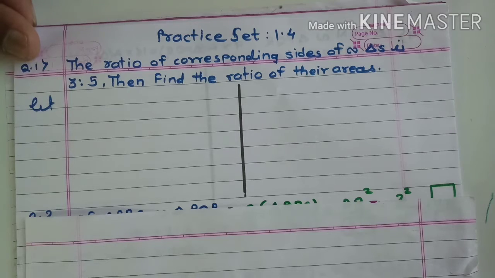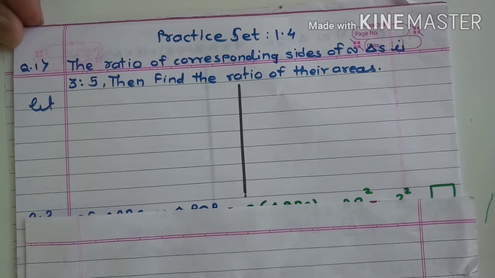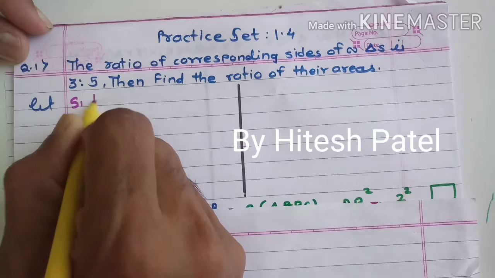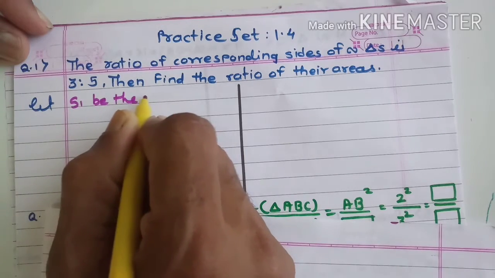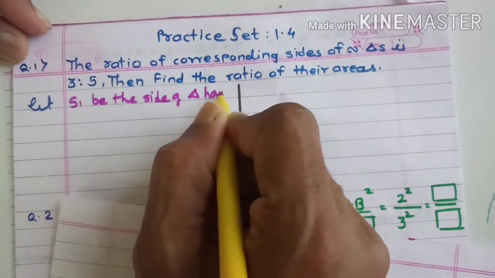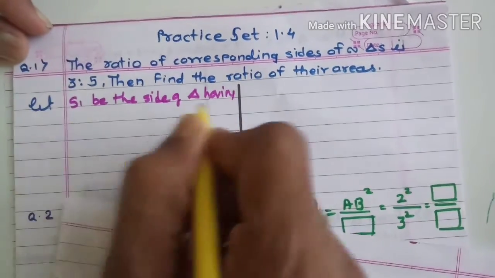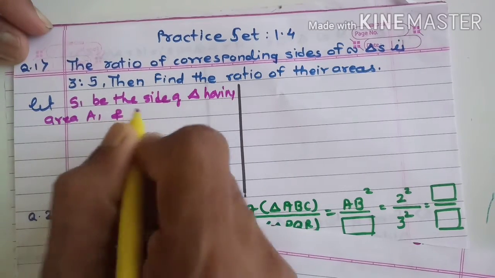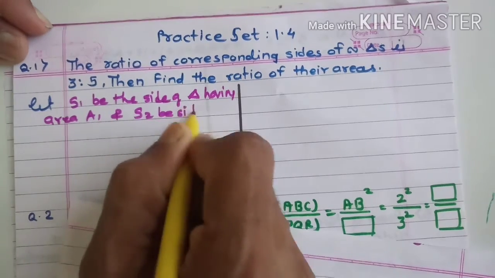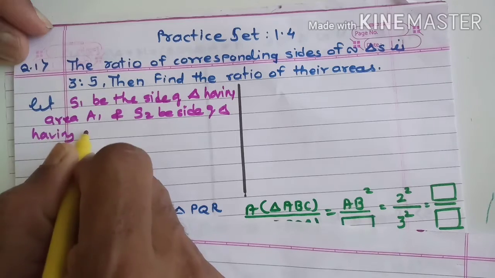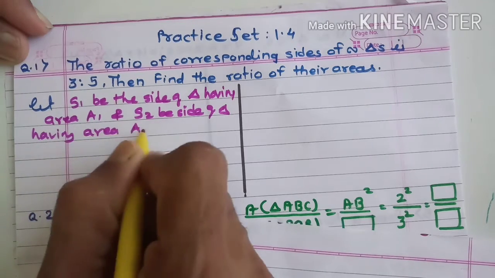the corresponding sides of two similar triangles be S1 and S2, and their areas be A1 and A2. So S1 be the side of the triangle having area A1, and S2 be the side of the triangle having area A2.